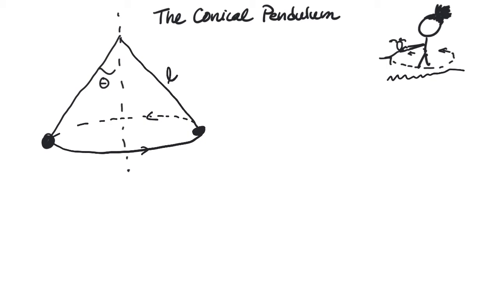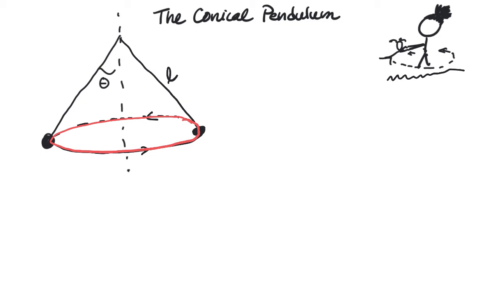So with a conical pendulum, or with any circular motion problem, the first thing you have to do before you do anything else is find the circle. Sometimes it's super obvious what the circle is, like for a Ferris wheel, you can see the circle right away. But here, you have to recognize that the circle actually exists in this horizontal plane that the mass is tracing out as it goes around.